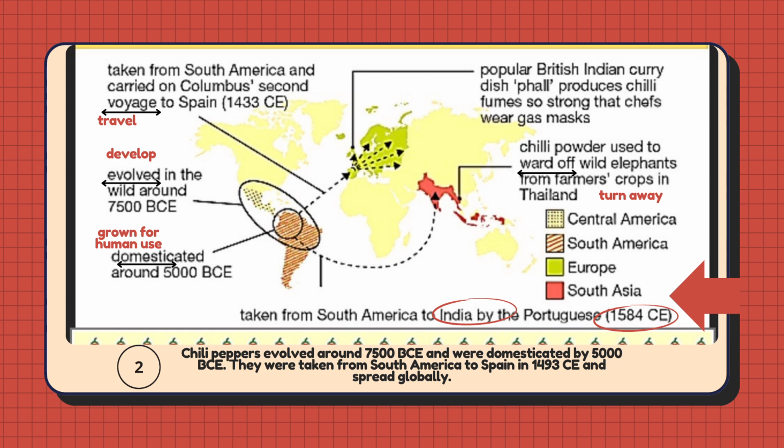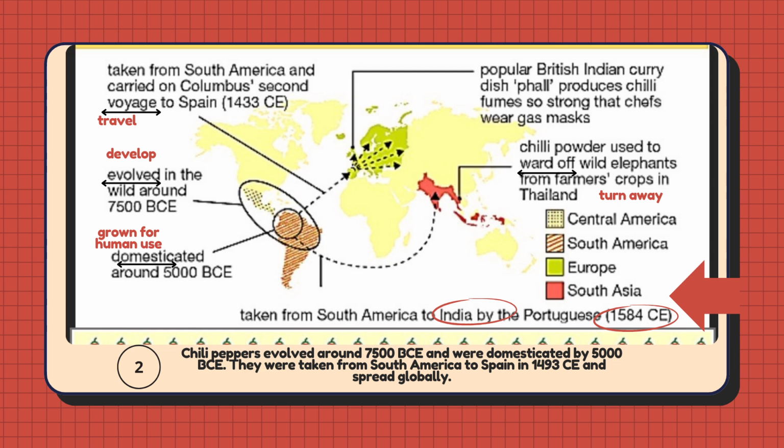When we say domesticated, it means it was grown. Chilies were grown for human use. So before, they were wild plants, and when people decided to put them in a farm to grow, it's around 5,000 BCE.